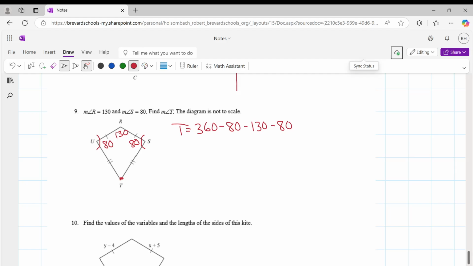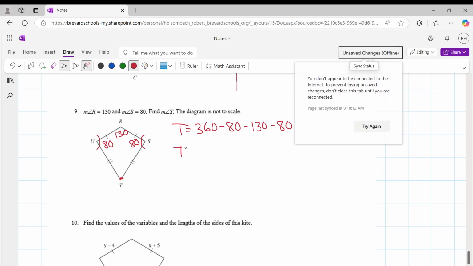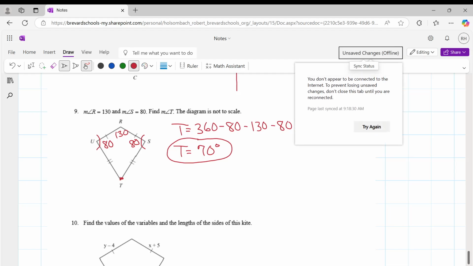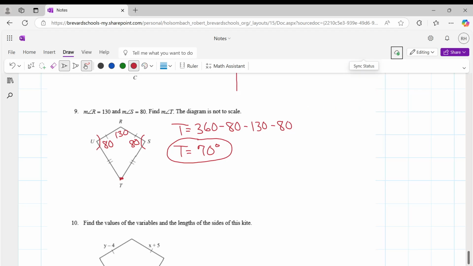So just take 360 minus 80 minus 130 minus another 80. So our T is equal to 70 degrees. The interior angles of a four-sided shape sum 360. So subtract the three angles they give you from 360.